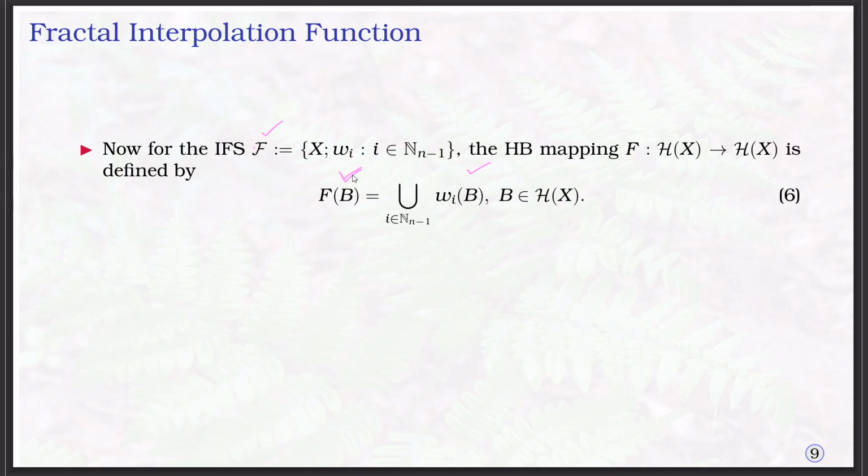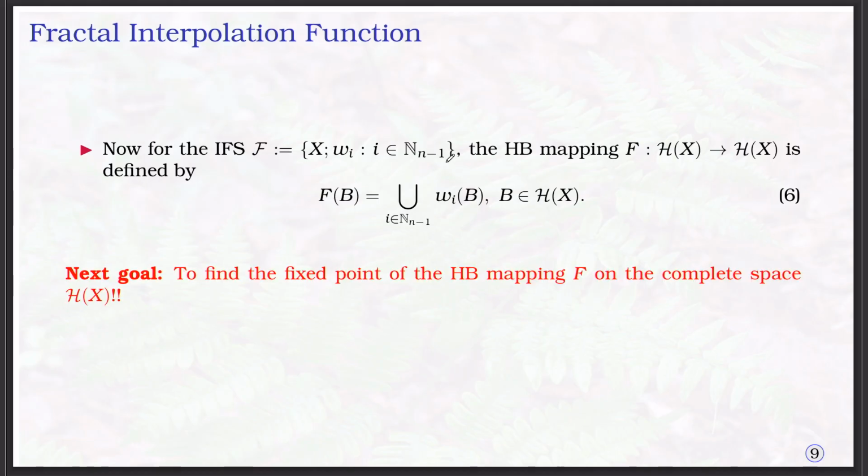As per the iterated function system, this F has a unique fixed point. We need to establish that this unique fixed point is a fractal interpolation function passing through the given set of data points. That we will discuss in the next lecture. The goal of the next lecture is to find the fixed point of the Hutchinson-Barnsley mapping F on the complete metric space H of X.